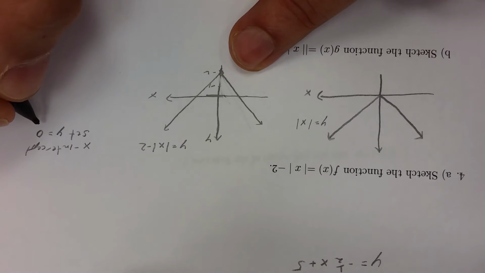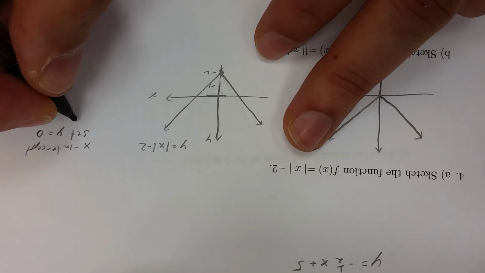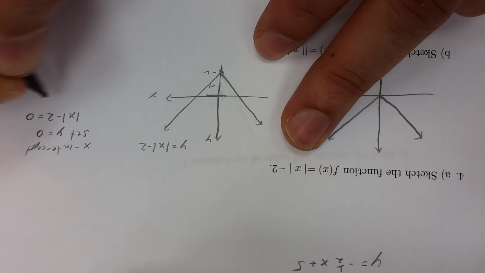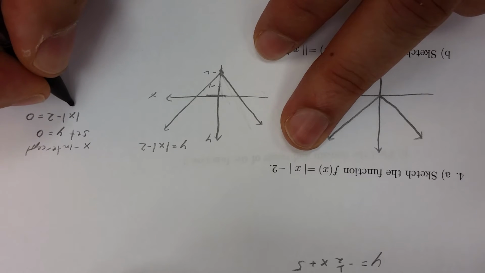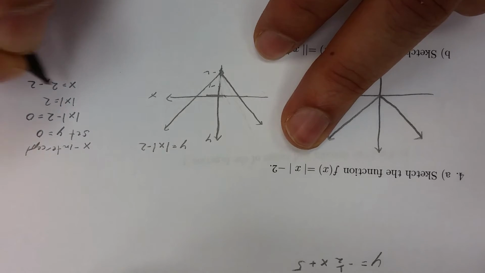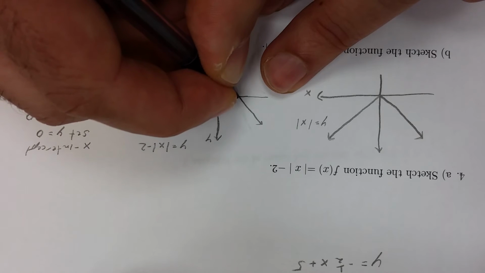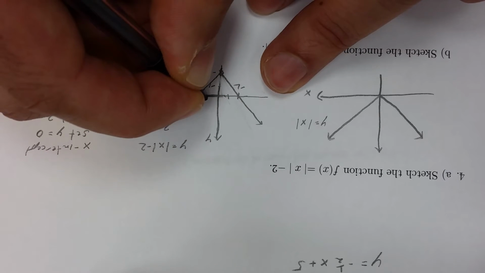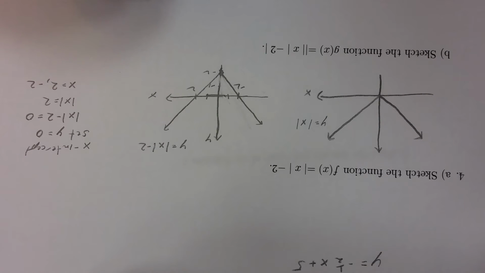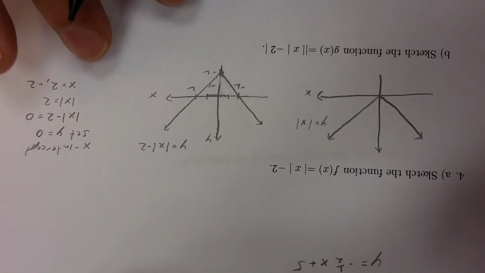So if I set y equal to 0, I end up with the absolute value of x minus 2 equals 0. So I end up with the absolute value of x equals 2. So x equals either 2 or minus 2. So these crossings occur at minus 2 and 2. So I think that's about all the information that anybody asking for a graph could possibly want.